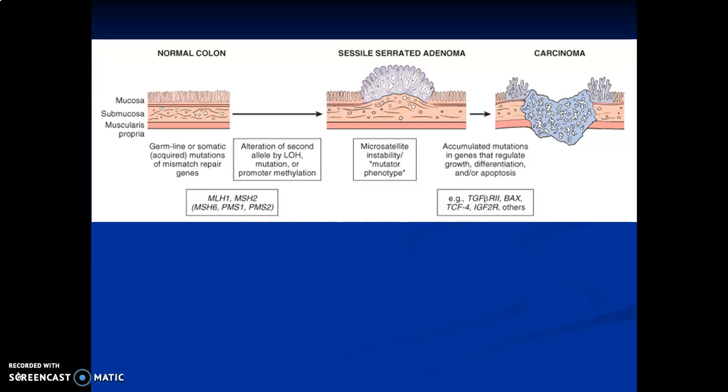So this diagram is showing the microsatellite instability pathway.